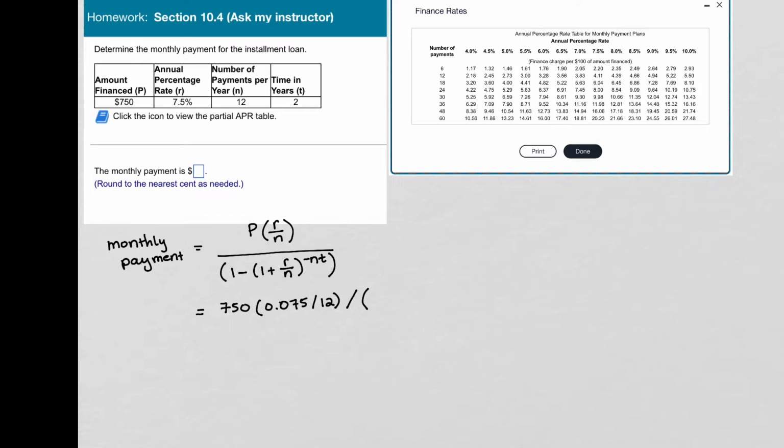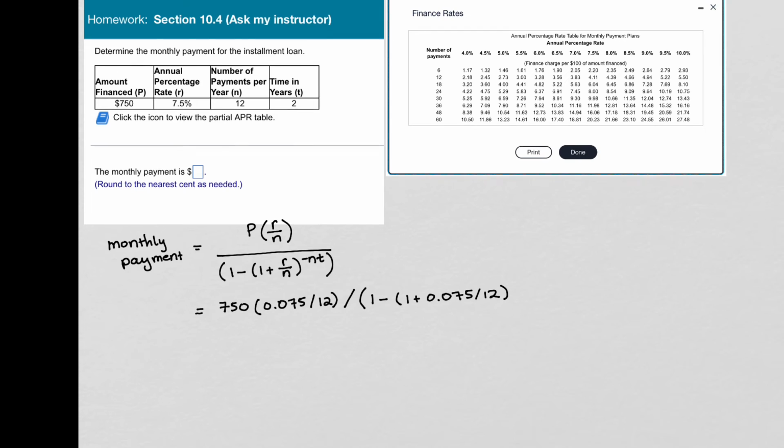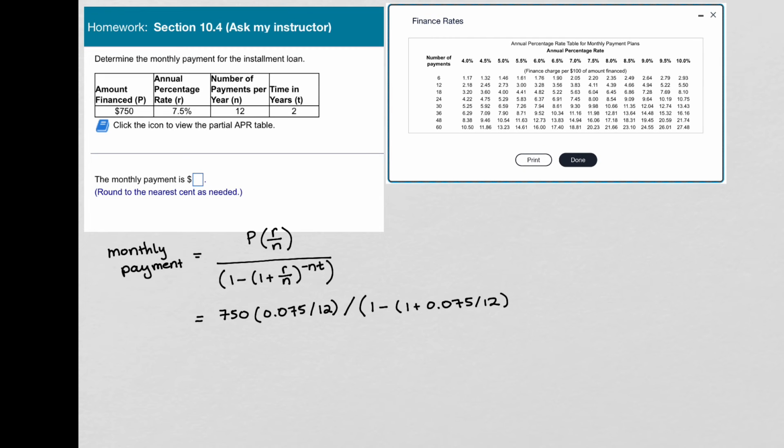Make sure that you put that denominator in parentheses to get the correct answer. So we have 1 minus, and then another parenthesis, 1 plus 0.075 divided by 12. And now we're going to raise that to the negative n times t power.